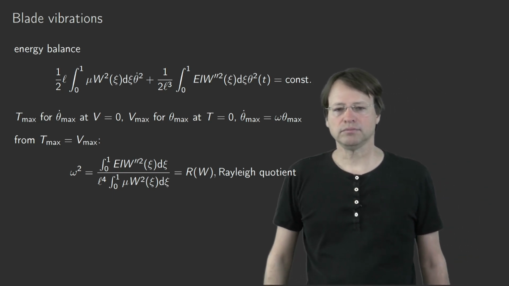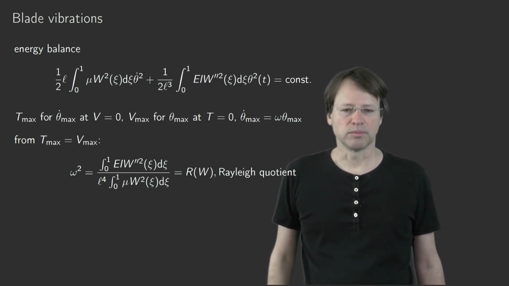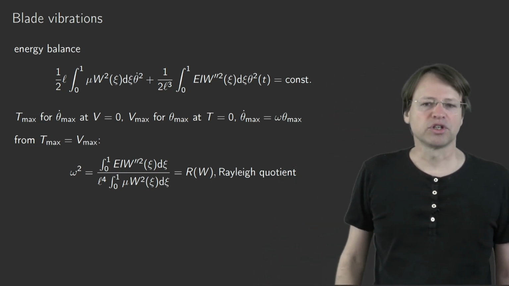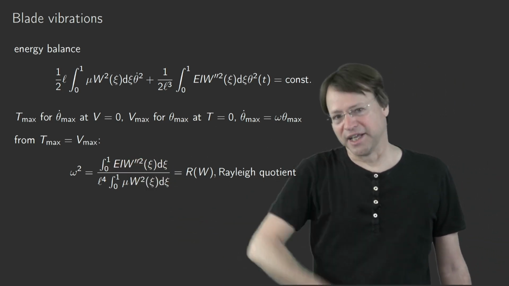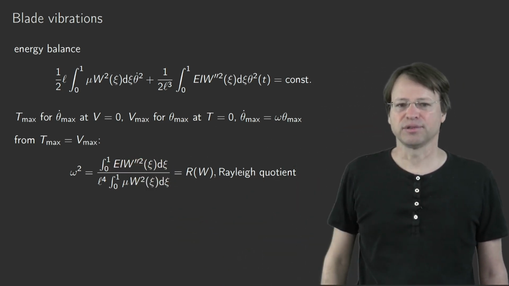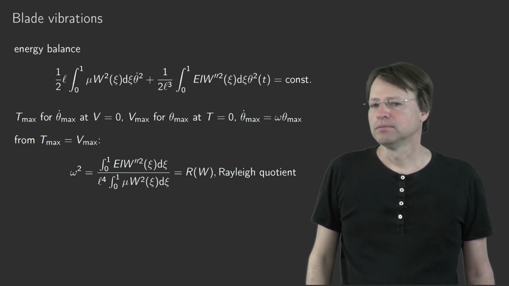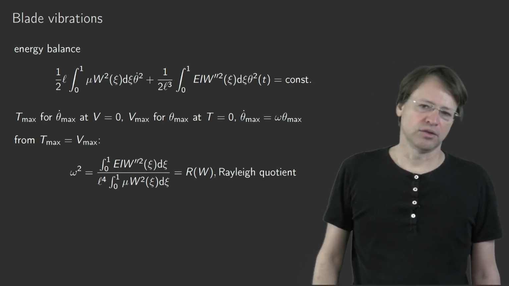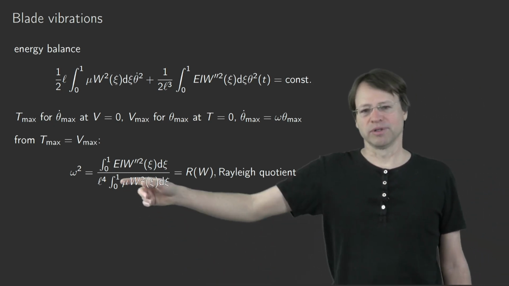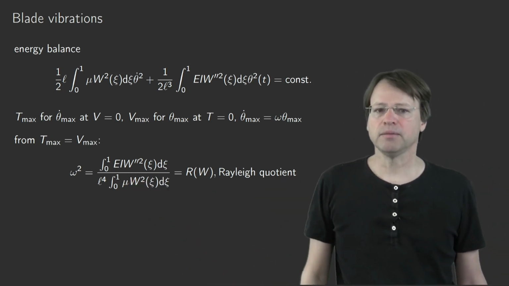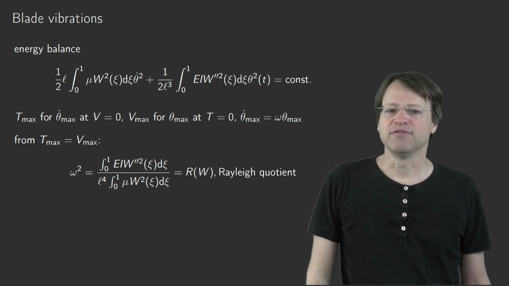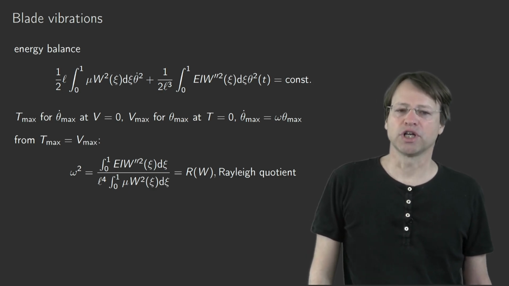However, you do not have the mode shape, because once you have the mode shape, you have computed before, I guess, the natural frequency. So when you have the mode shape, there is no need to evaluate the Rayleigh quotient to determine the natural frequency, because you did this step before computing the mode shape.